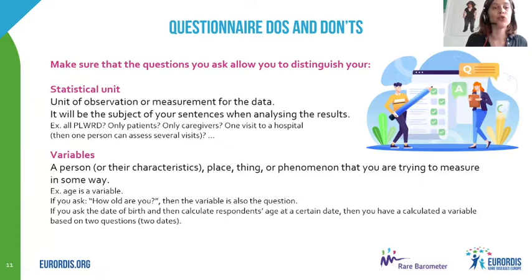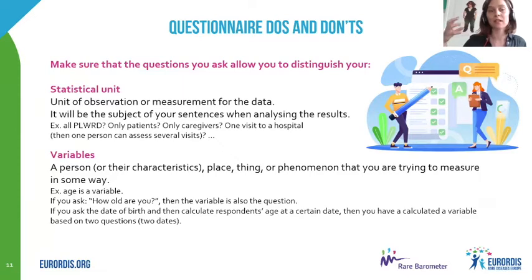So for instance, are you talking about the patients? Are you talking about the carers? Are you talking about all the persons living with one specific rare disease, patients and carers? Or are you talking about the assessment of a visit to a hospital? And in that case, one person can assess several visits.